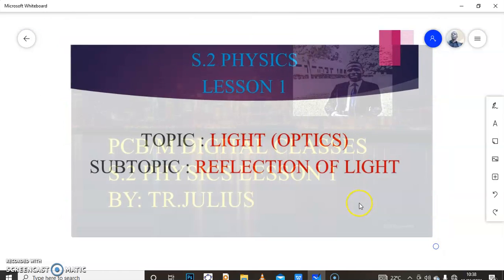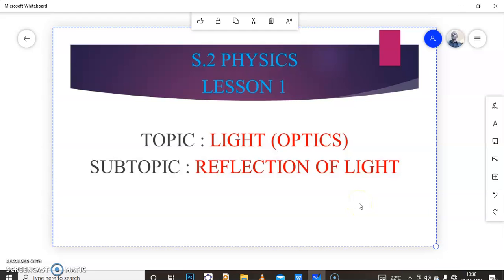In today's lesson, we are going to look at our topic, which is light, and we shall focus on reflection of light as one of the properties of light. So we need to understand what reflection of light is.